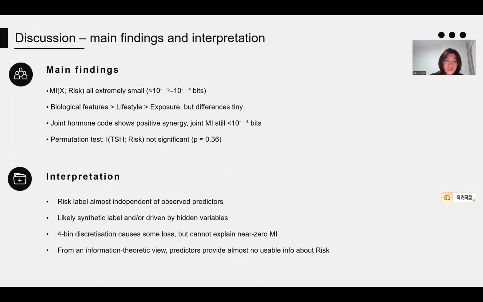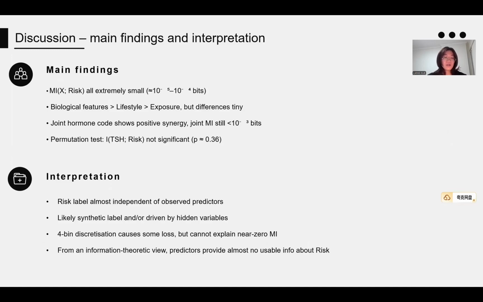Across all predictors, MI with risk is tiny, about 10 to the minus 5 to 10 to the minus 4 bits. Biological features rank slightly higher than lifestyle and exposure, and the joint hormone code shows synergy, but all values remain far below a thousandth of a bit.